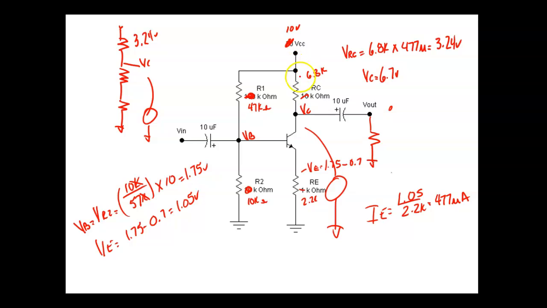So if this resistor right here drops 3.24, so I've got 10. So what do I have left to drop across the other two resistors? Well, now I can calculate VCE. So VCE is going to be equal to the voltage on the collector, which is 6.7 volts, minus the voltage drop on this guy right here, which is 1.05, and that's going to give me voltage collector to emitter.